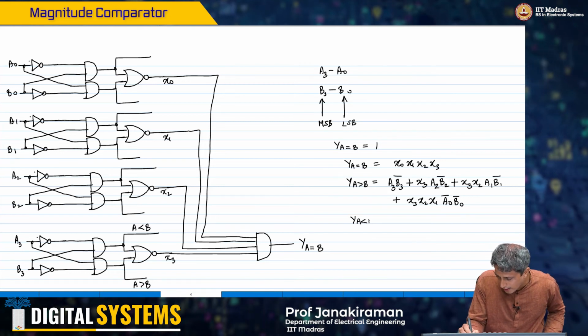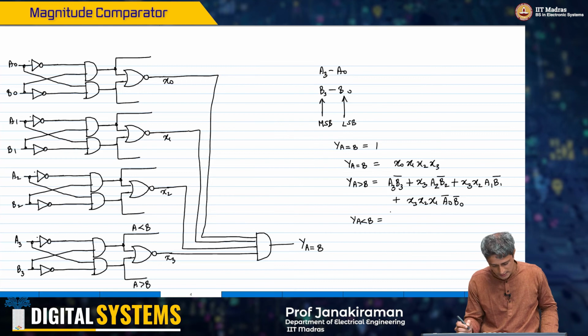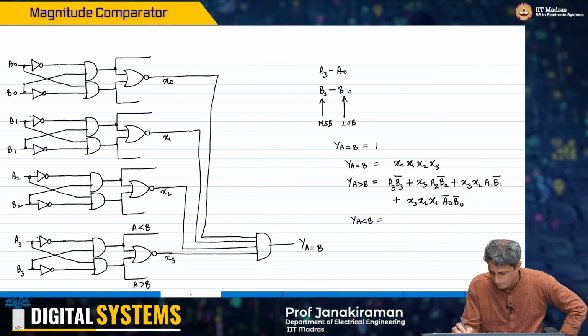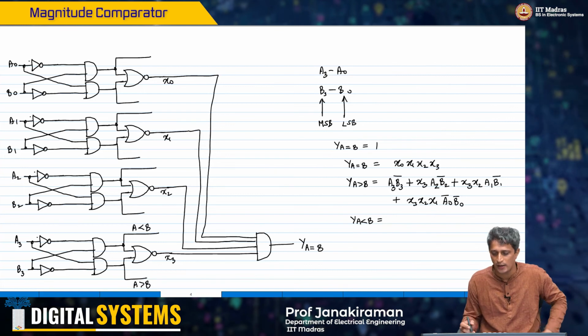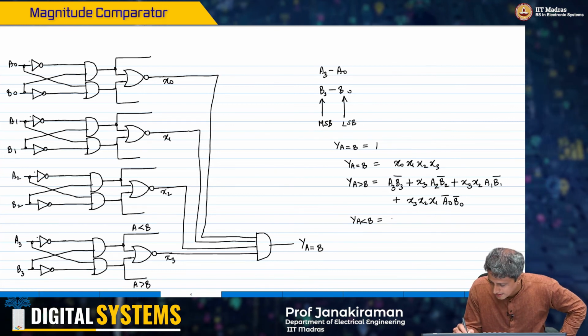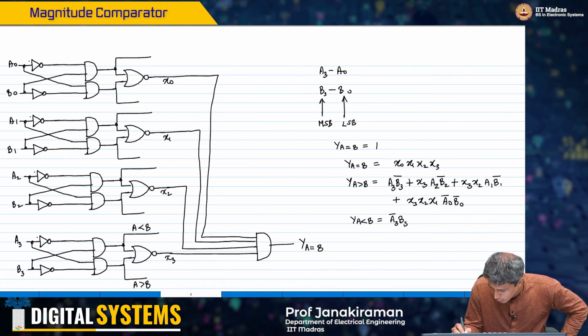Likewise, when can you say Y is A less than B? You have to just do the opposite case. You have to take the other thing, right? Each bit should be lesser, that is A3 bar B3 should be true.